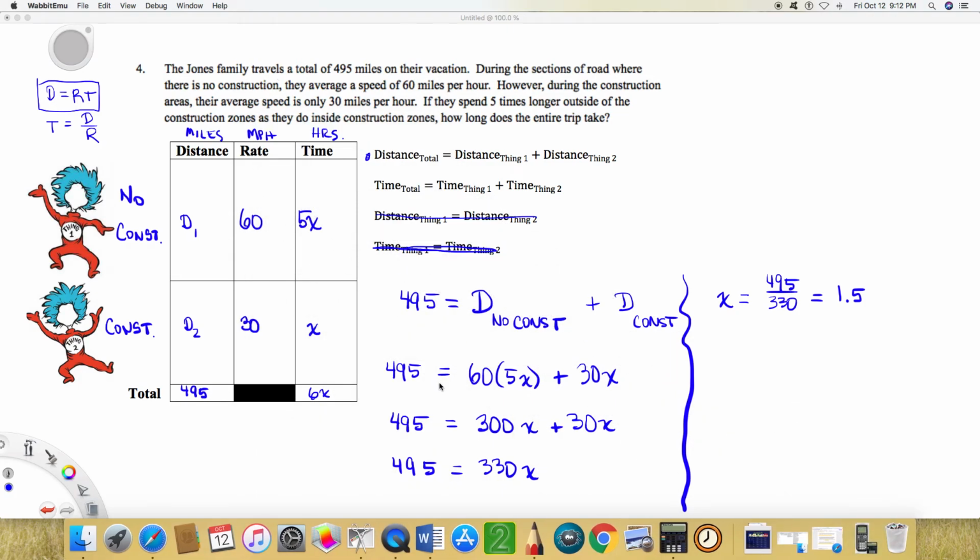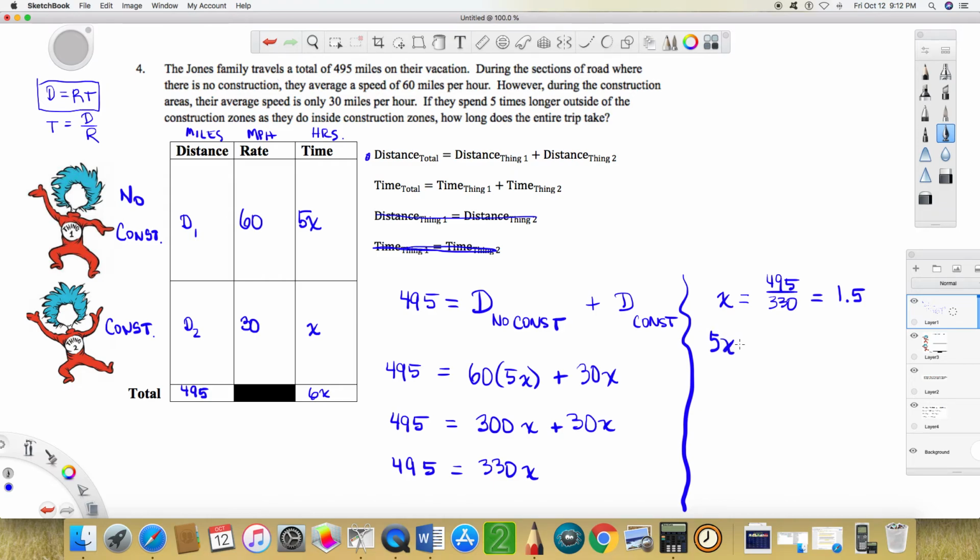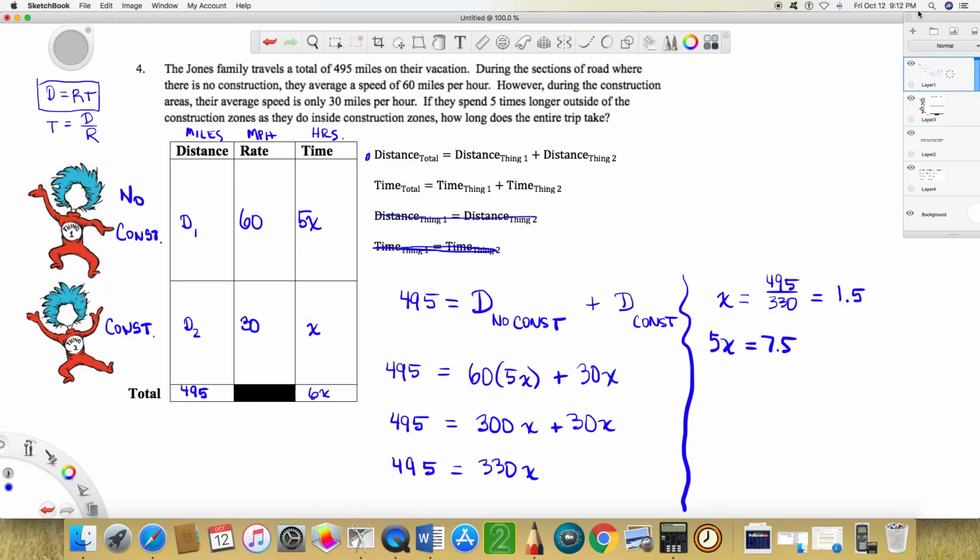All right. So 5x is 7.5. So this has, excuse me, hours, and this was the construction zone, thing 2, and this was the regular highway driving, or well, I don't know if it's a highway, but no construction.